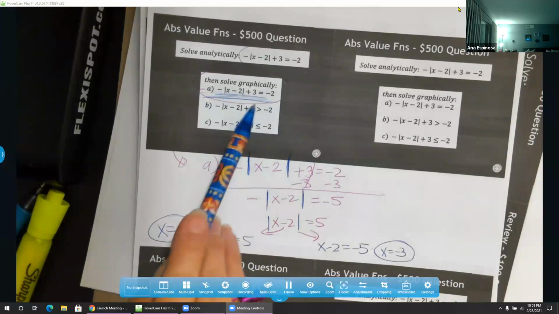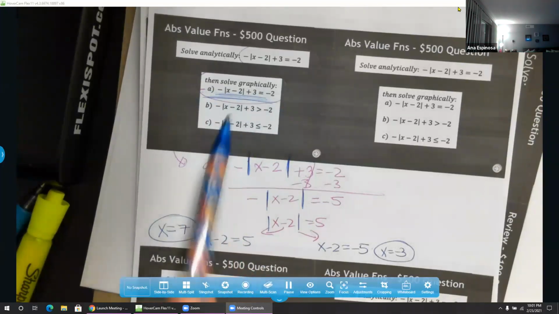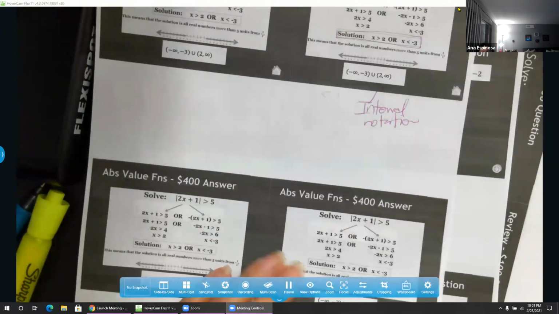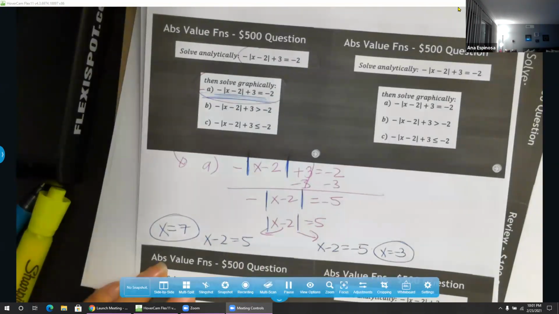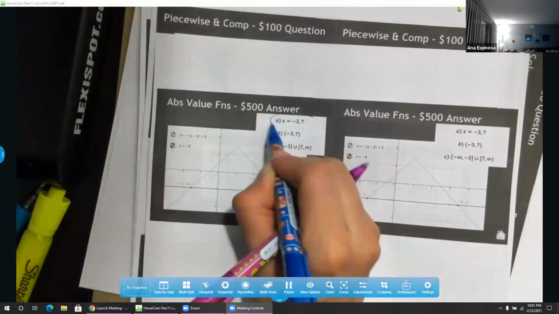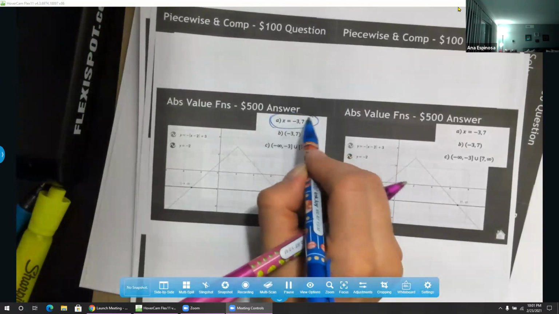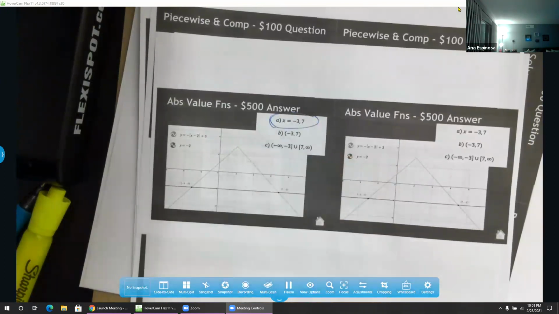When you're dealing with inequalities, please, please, please, when I say solve graphically, do not go and do this, okay? Because this is solve analytically, this is solve graphically. And the whole point of this, if you look on this side, is to use the answers that you already got. So you know that negative 3 and 7 are the answers.